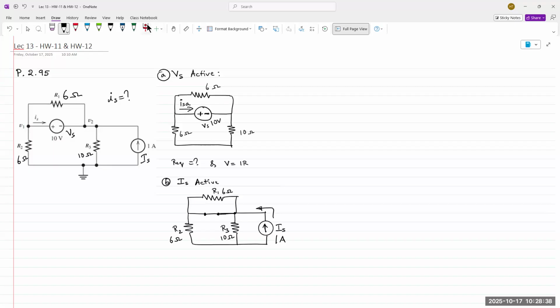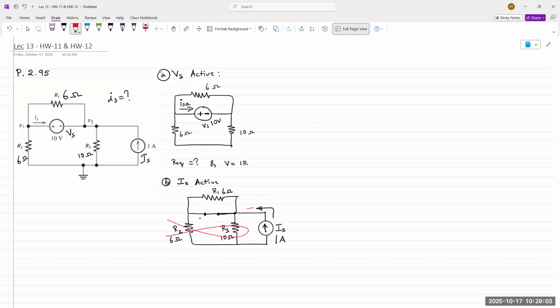We have current coming through. So this current comes through here, right? Now, it can go up here, it can go down there, it can go here, three places. But let's forget about these two for a minute.